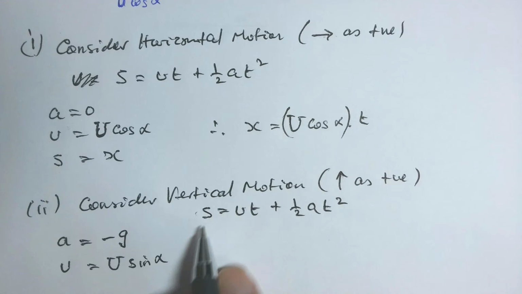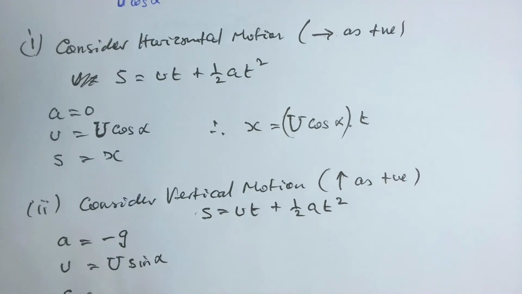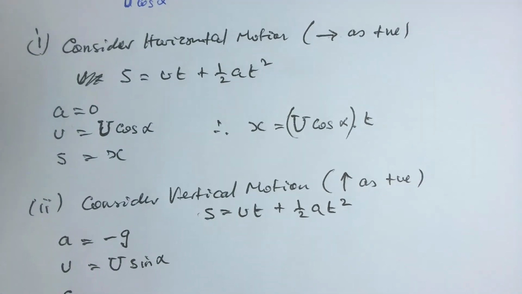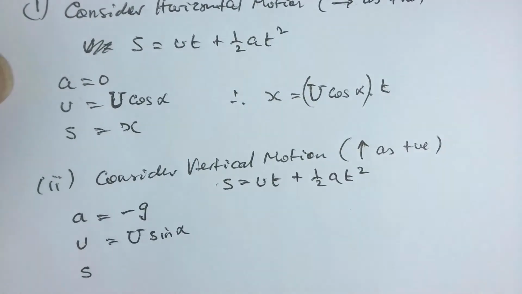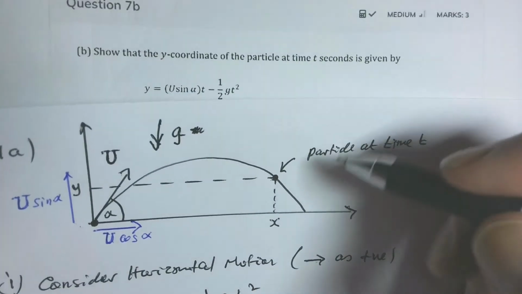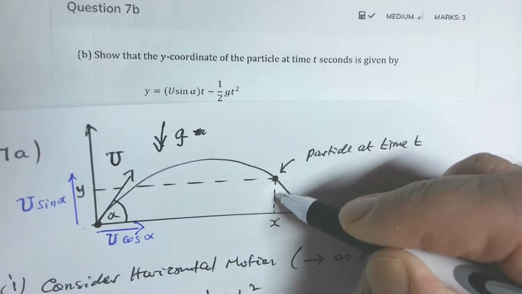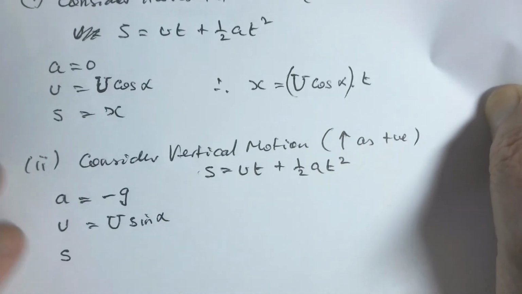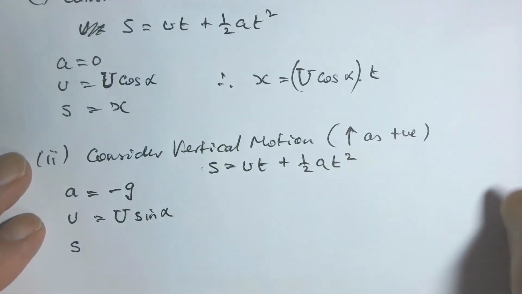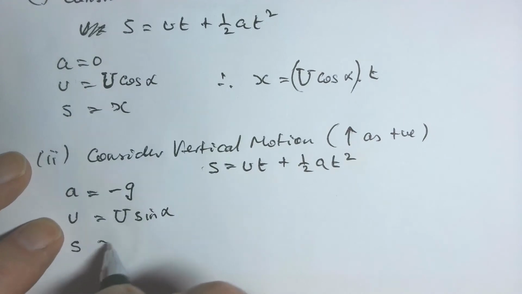And s, the displacement, is going to be the value of y, because the displacement is the y value of the particle at that time. So we end up with s equals y.